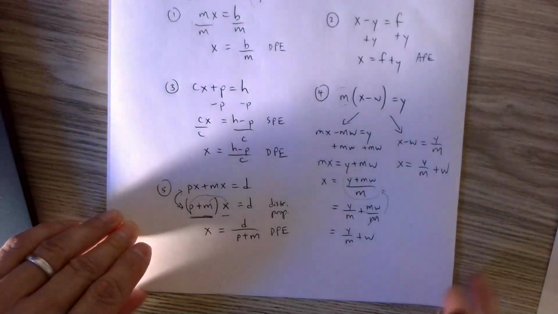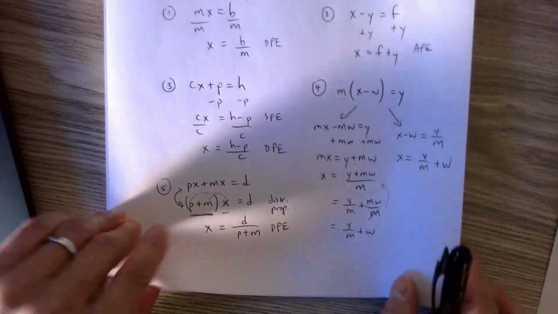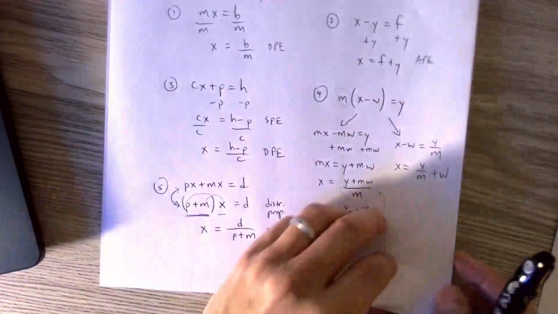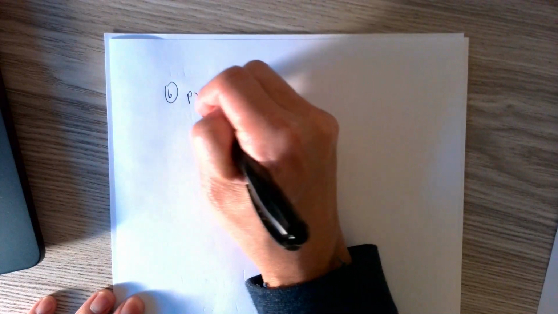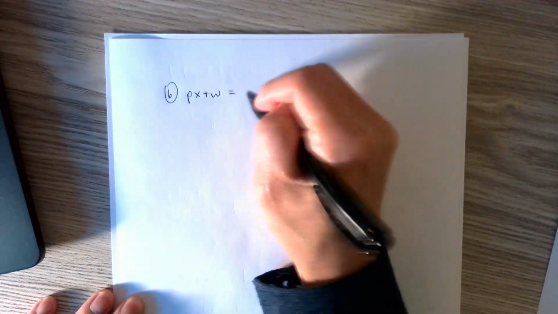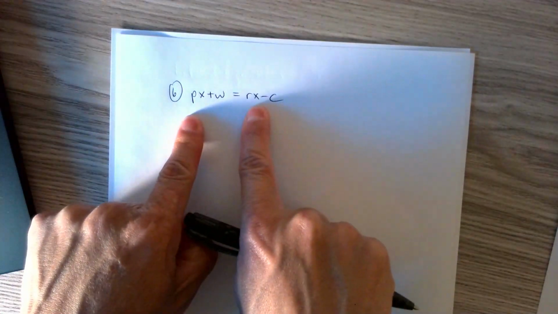Okay, the next example would be very similar to number 5. It just has a little twist to it. So this time, not only has the enemy put clones of my x in two different terms, the two different terms are now on opposite sides of the equation. But I know what to do with that. I just use APE or SPE to get both terms on the same side of the equation.